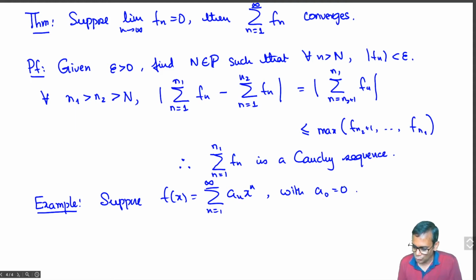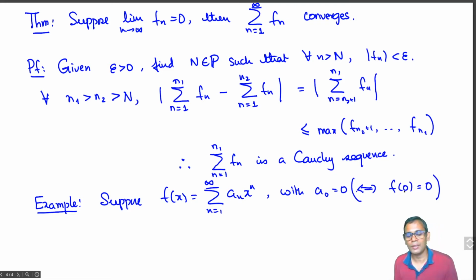If you had an actual power series which was convergent in some region, then this a_0 would be the value of the power series at x equal to 0. So this condition we will often write as f(0) equal to 0. When I say f(0) equal to 0, you should understand that to mean that a_0 is equal to 0. Then I'll take the sum n equals 0 to infinity of f^n. This converges.